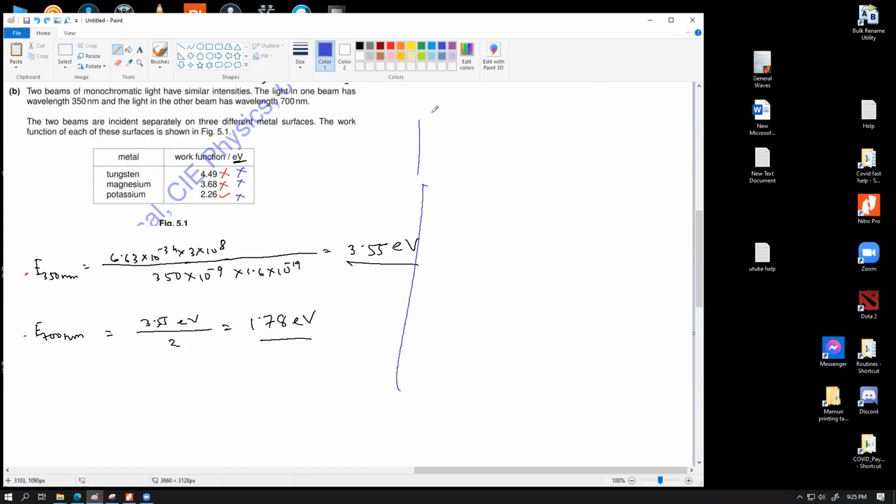Energy of a photon equals hc by lambda. সেখান থেকে যদি আমি ল্যামডাকে সাবজেক্ট করি, I'm gonna get hc by E. So for lambda of tungsten, it will be 6.63 into 10 to the power minus 34 into 3 into 10 to the power 8 divided by 4.49 into 1.6 into 10 to the power minus 19.